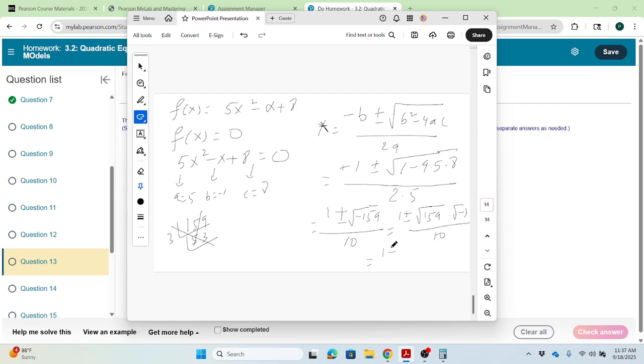It's 1 plus or minus the square root of 159 i, divided by 10. So how do you write it? You can write 1 over 10 plus the square root of 159 i over 10. That's one solution. The other solution is 1 over 10 minus the square root of 159 divided by 10, i. So these are the two solutions.